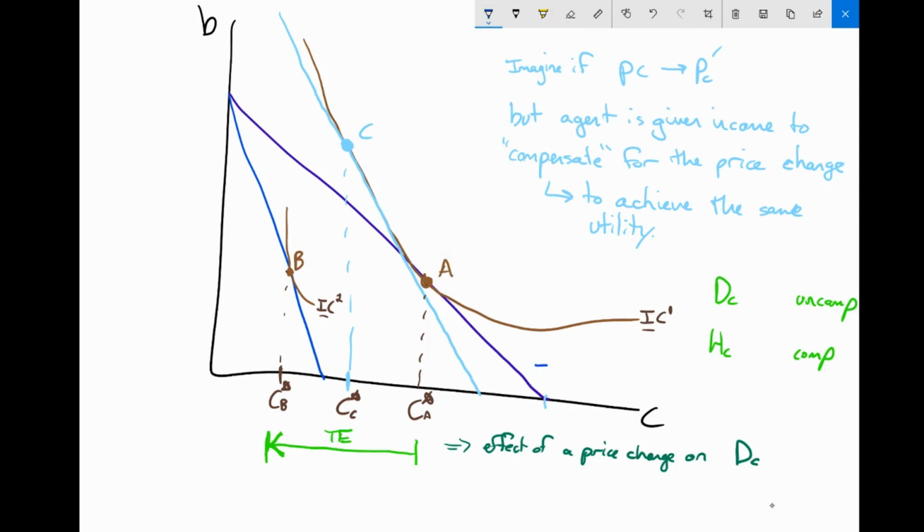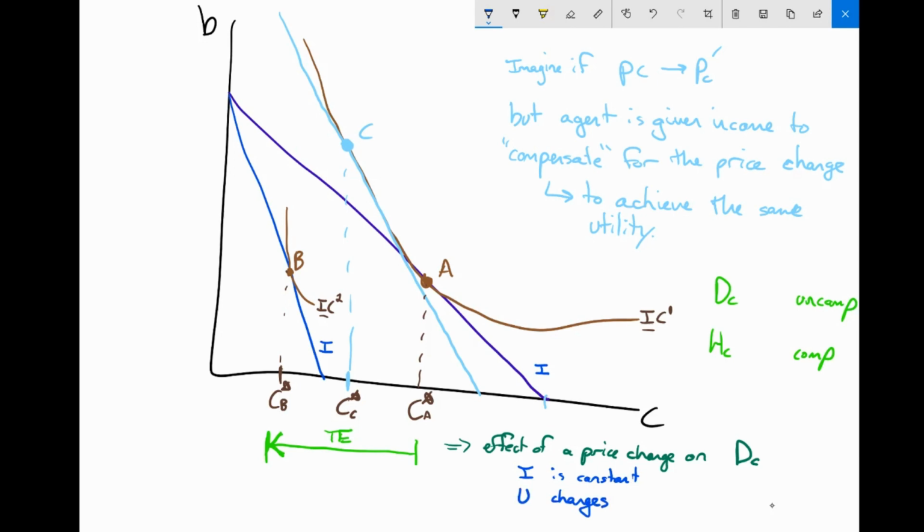Your income on the first budget line is the same as the income on the second budget line. Now the purchasing power of that income is different, but strictly speaking, the income itself is held constant. So that means the total effect represents the change in price on the uncompensated demand because income is constant, utility changes.